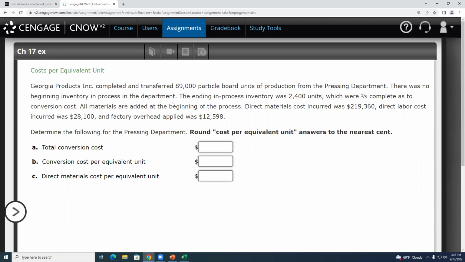The ending in process inventory was 2,400 units, which were 3/5 or 60% complete as to conversion cost. All materials were added at the beginning of the process. Again, that's an assumption we are going to make every single time for this class. Is that a realistic assumption in the real world?